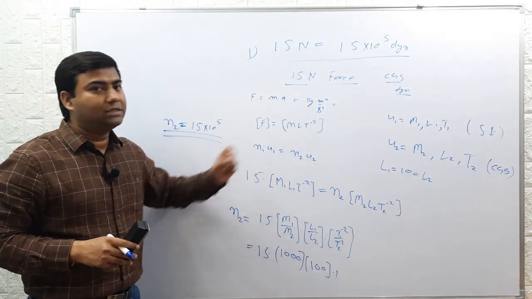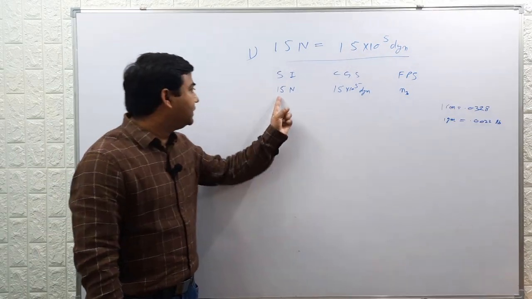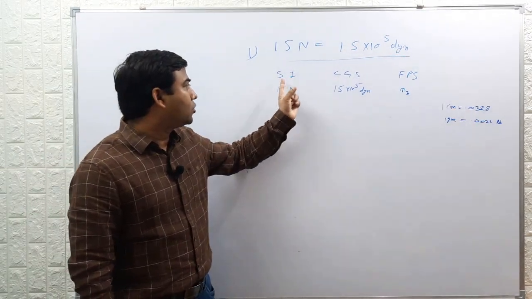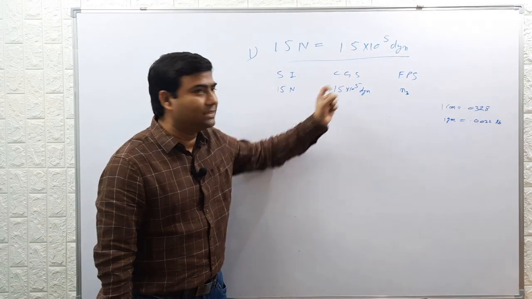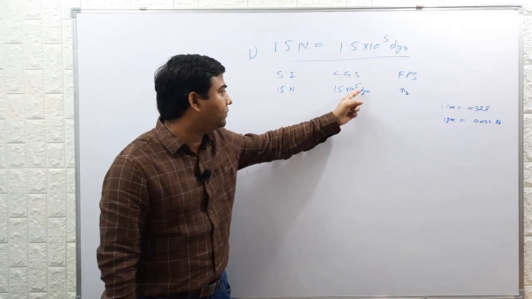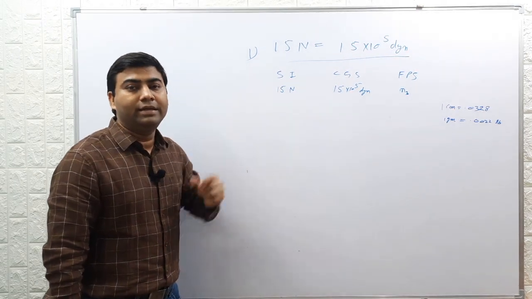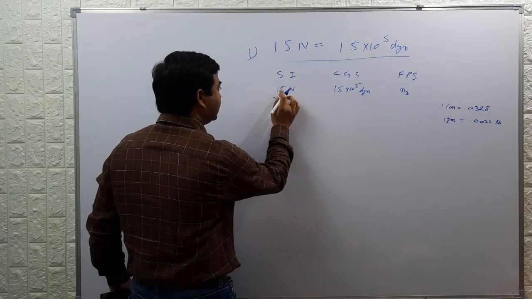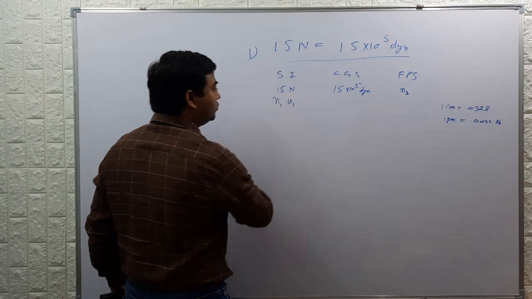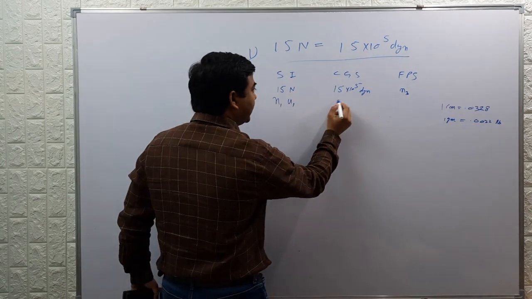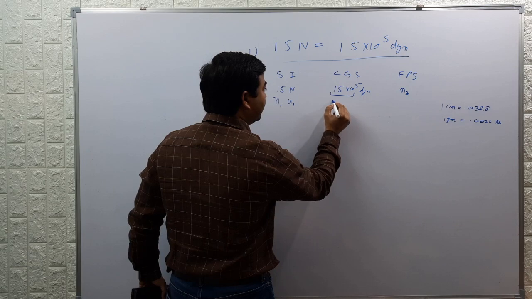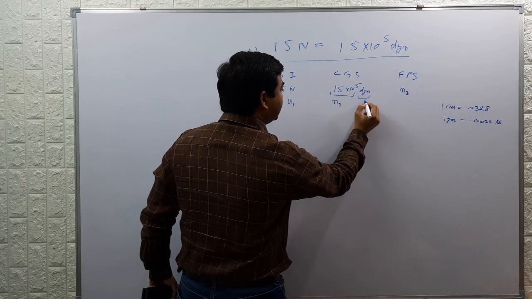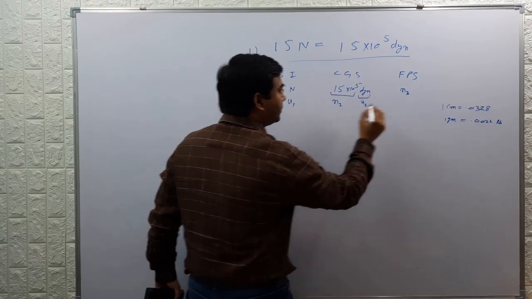by using dimensional formula. So we have converted 15 Newton force from SI unit to CGS system, that is 15 into 10 to power 5 dyne, by dimensional analysis. We have earlier marked 15 as N1 and Newton as U1, and now this whole numerical value is N2 and this is U2.